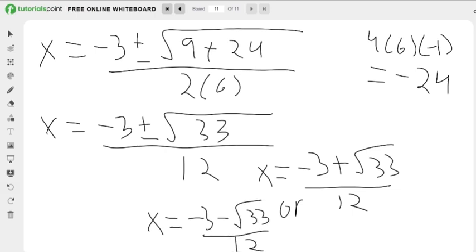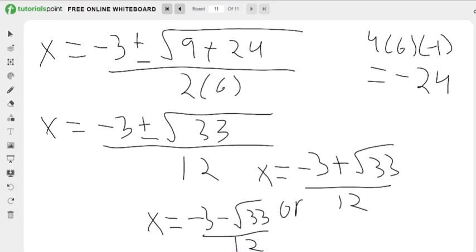So that's what that plus minus sign means, that you have these two x values, and so we have these two solutions. If you plug either of these two x values into the equation, it will set it equal to 0. And that's what we're trying to find.